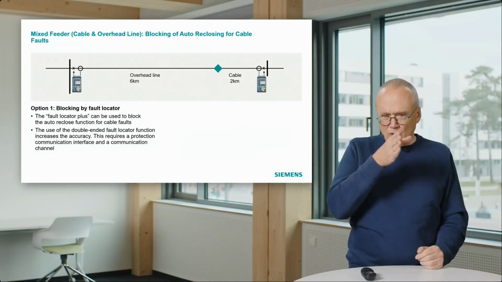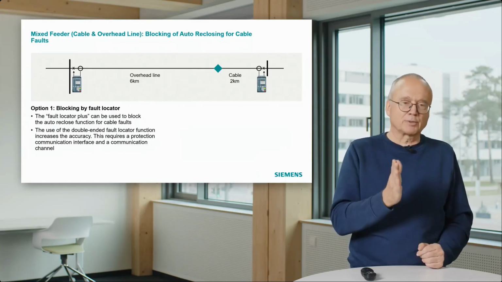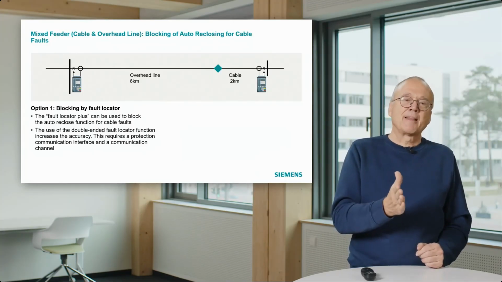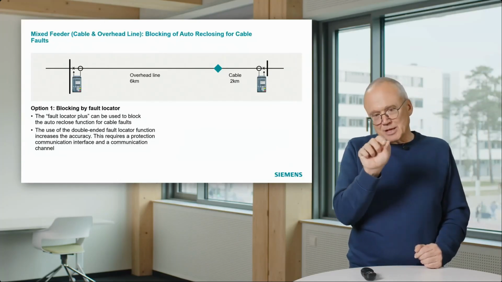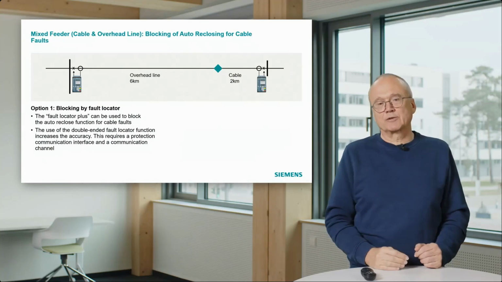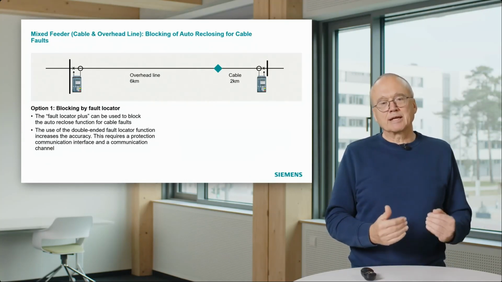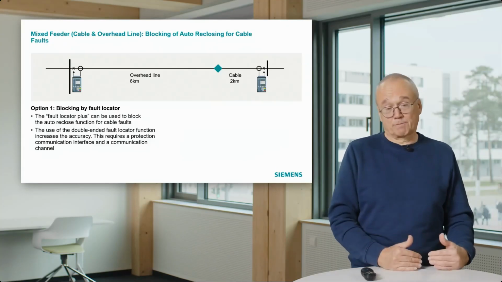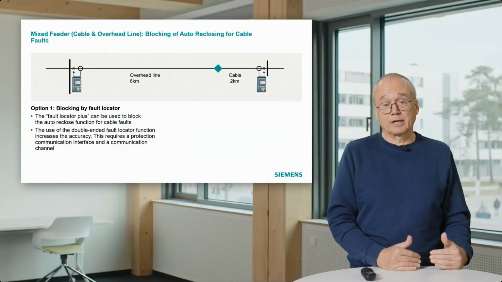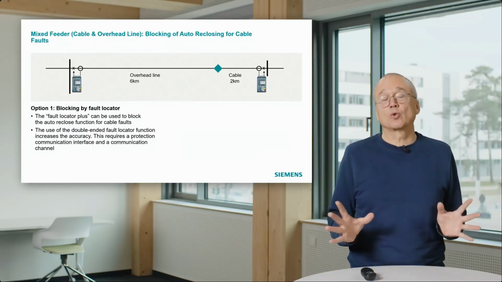That means we are not able to make a 100% precise detection of whether the fault is on the line or on the cable. If we have a fault near this connection point, the fault locator may give us a wrong decision. This can be reduced by using the double-ended fault locator. Then it becomes better, but theoretically there is always a certain risk.